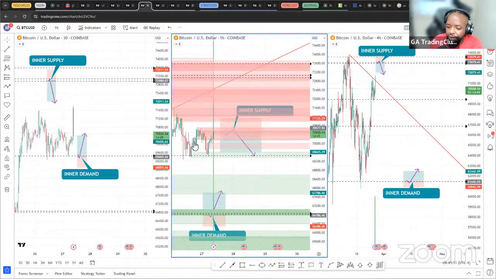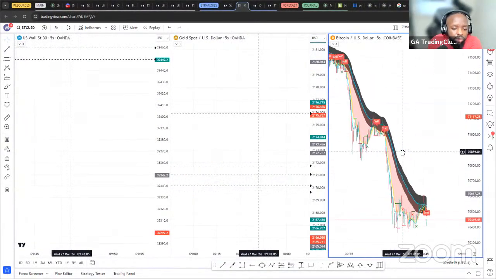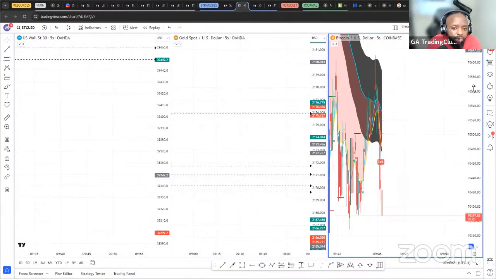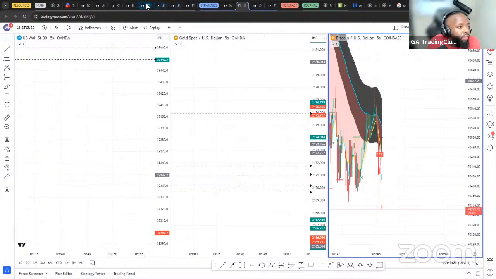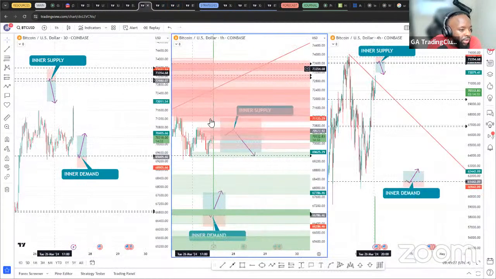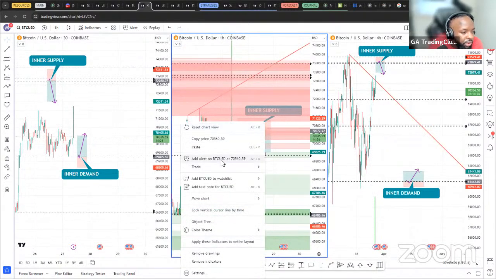So for this BTC trade, looking at BTC for now, it's currently 9:45 a.m. So that one went by too fast. I'll set another alert here as well at the same price point, 70,500.